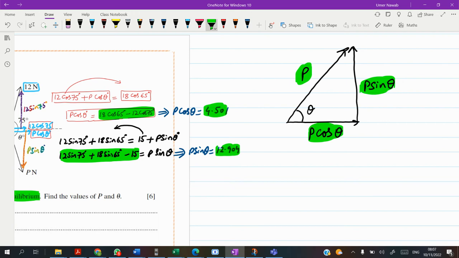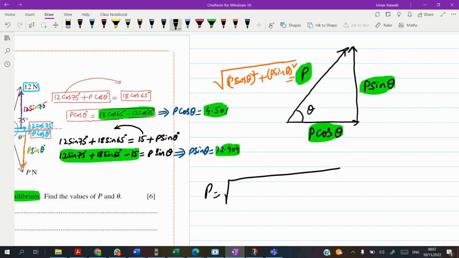You all agree with me that this right angle triangle is giving you the force P, the x component is P cosine theta, and the y component is P sine theta. Can I apply Pythagoras? So you will all agree with me, Mr. Omar, P cosine of theta whole squared plus P sine of theta whole squared is equal to P squared. So Alhamdulillah, I can easily find P from here.